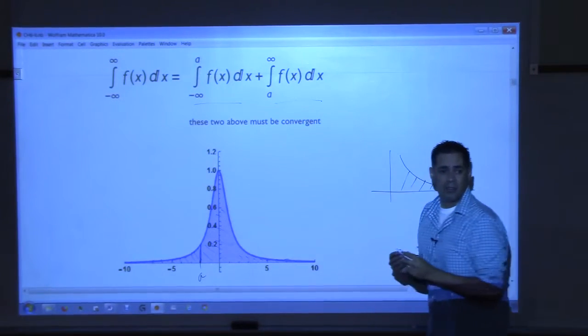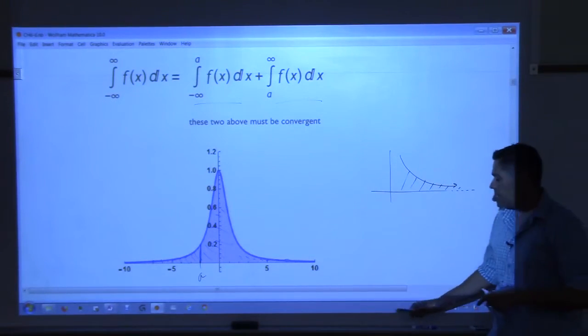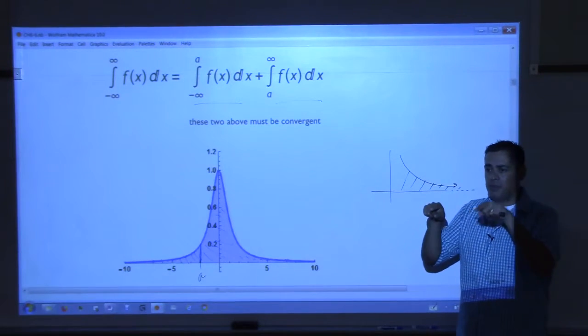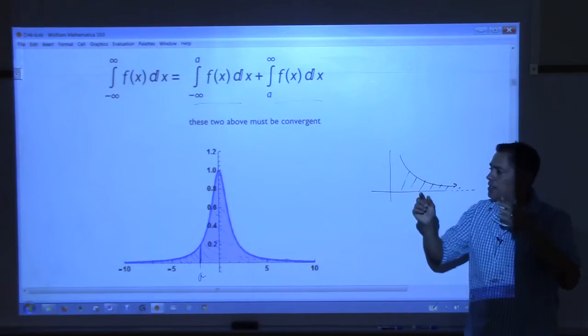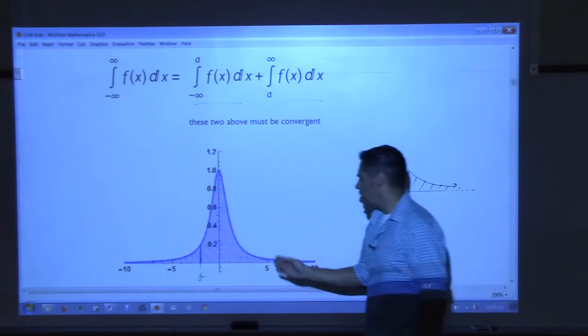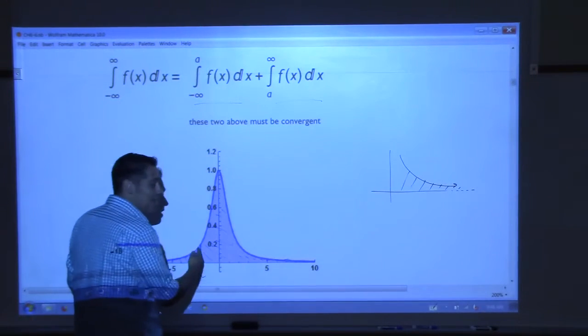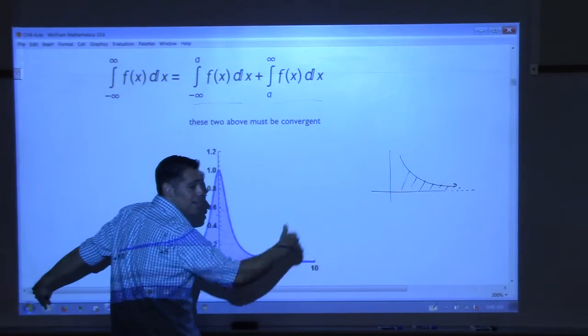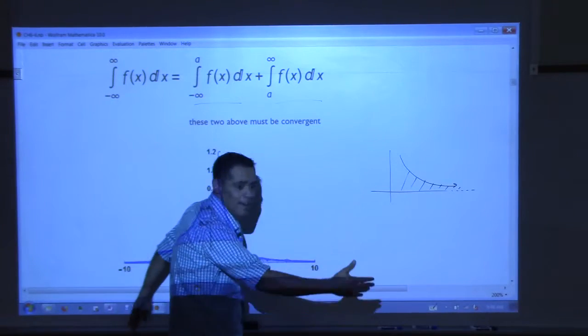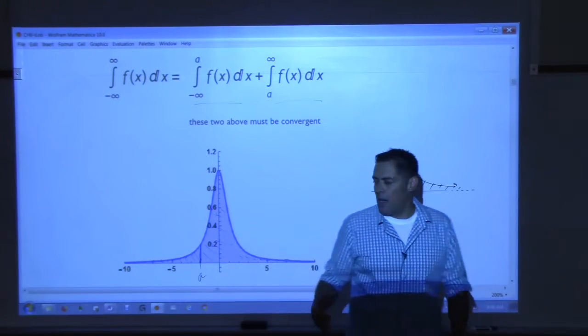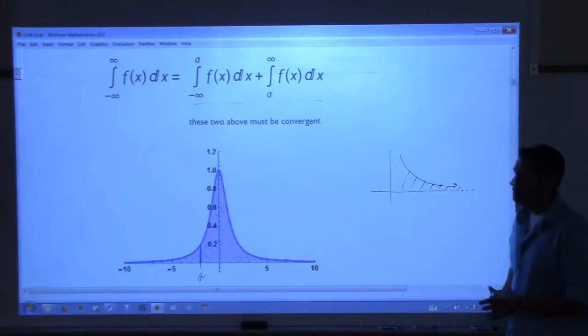Does that make sense? That was the property that I showed earlier where if c is between a and b, then you can split it into two integrals. So as long as I pick a number between negative infinity and infinity, which is any number, right? Then I can split it up into two pieces.